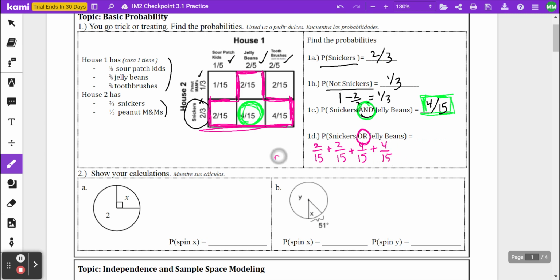This is method 1. I'm going to do 2 methods. And that equals 8, 10, 12/15, or 4/5.